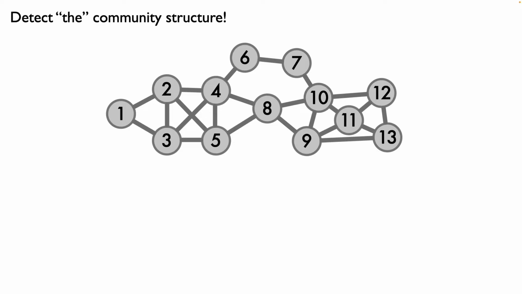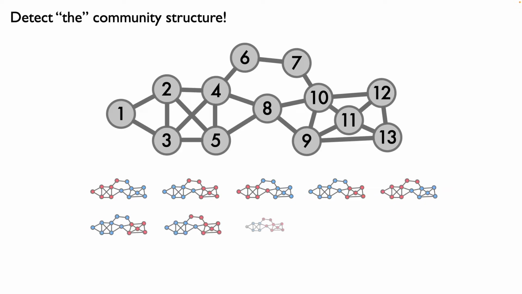But if you are a practitioner of community detection and try to find the community with a stochastic algorithm, you will immediately encounter this situation. You run this algorithm and you get this very nice result. Well, that's it, this is the community structure, and you may think that now you can start to write the paper. Unfortunately, if you run this code again and again, you will get these results.